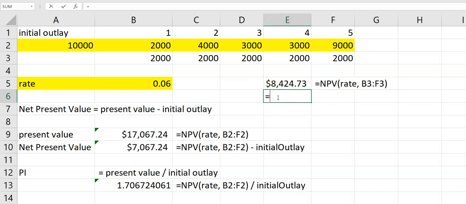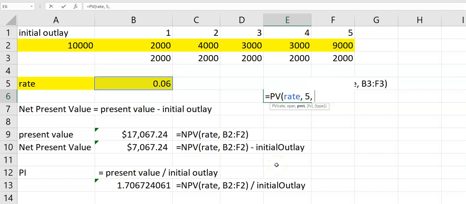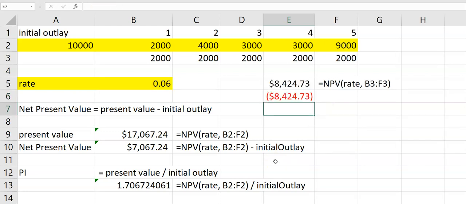Let's do the same thing just using the present value. Here's where present value can help. I used the same rate. And notice I have a number of periods. Well, I have 5 periods. Let's just do that. And the payment is 2,000. And there's no future value. Voila.